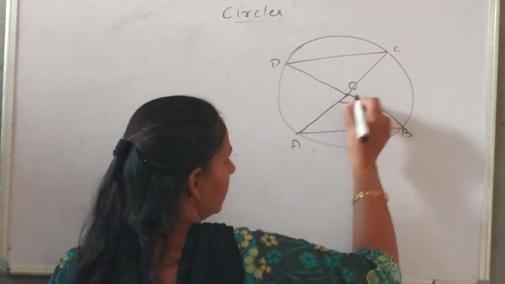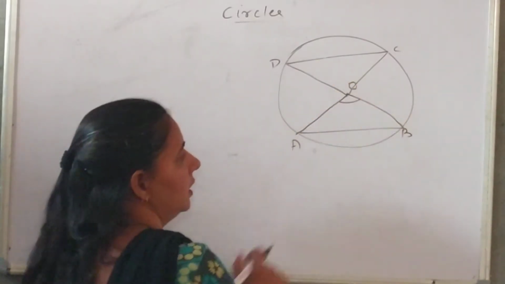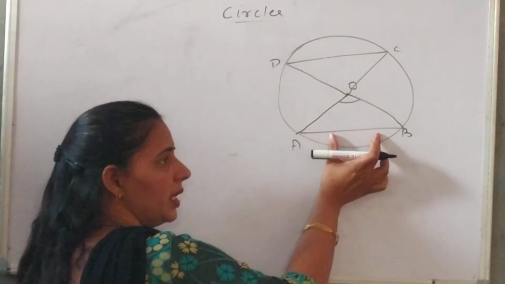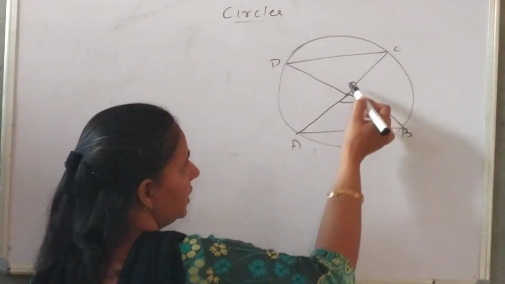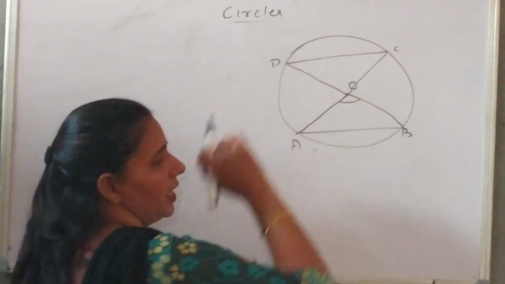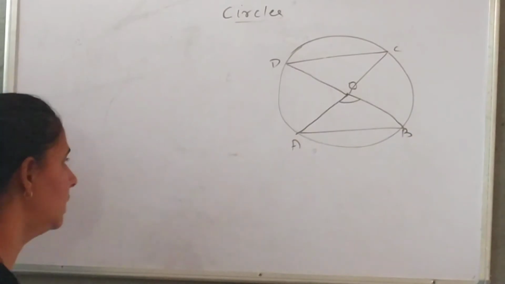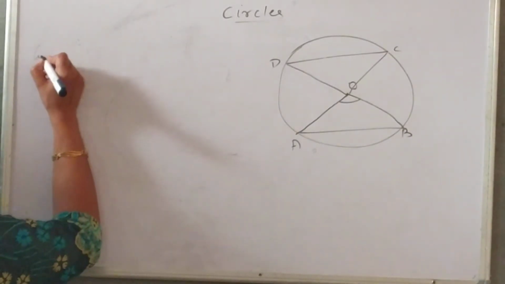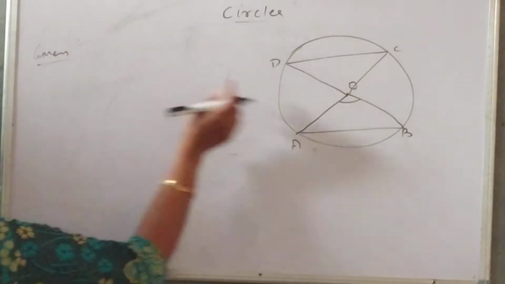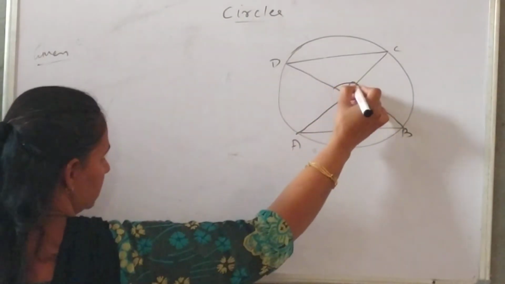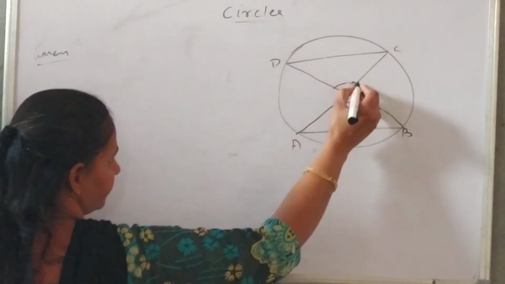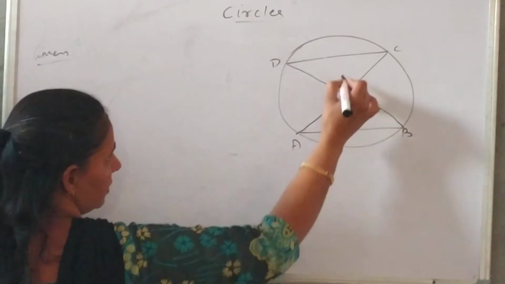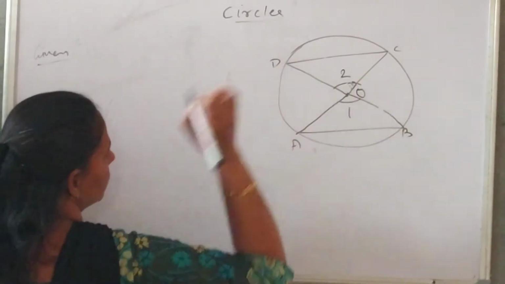So this angle AOB is subtended by chord AB, and angle COD is subtended by chord CD. And you have to prove that these two angles are equal. Now this is angle 1 and this angle is 2.